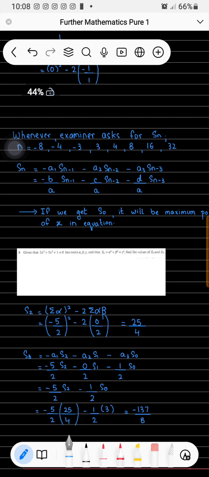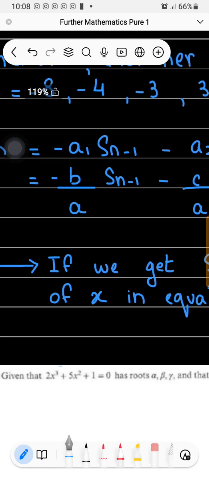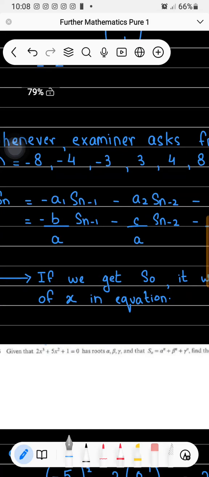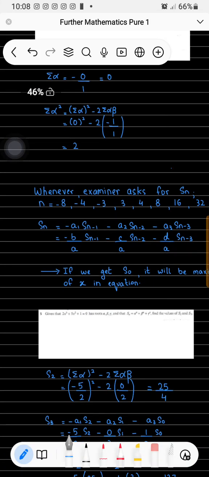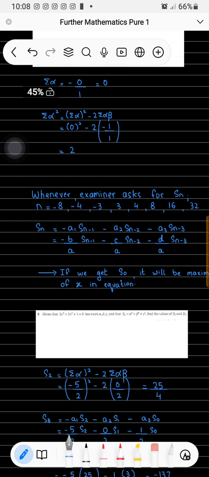We didn't learn a formula for sum of alpha cube, or for sum of alpha power 8. So in this situation we use this formula: negative a1 Sn minus 1, negative a2 Sn minus 2, negative a3 Sn minus 3, where negative a1 can also be written as negative b upon a, negative a2 as negative c upon a, and negative a3 as negative d upon a.